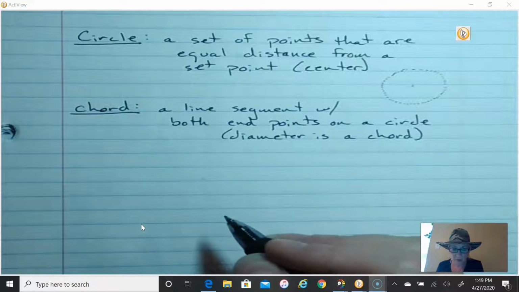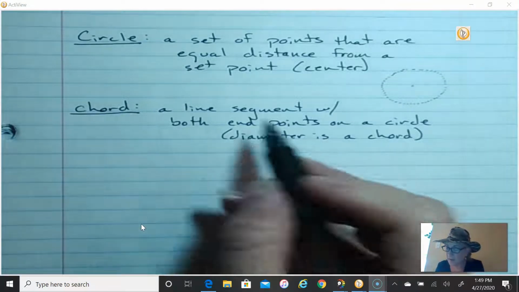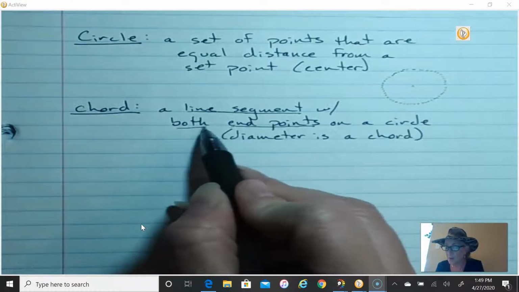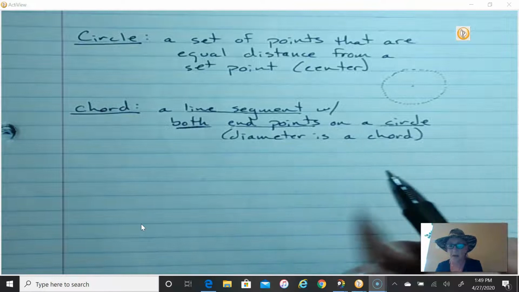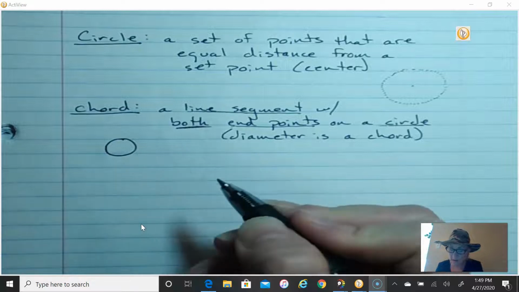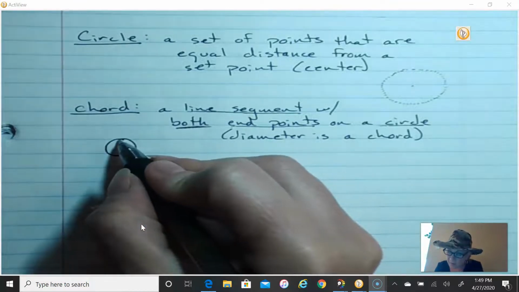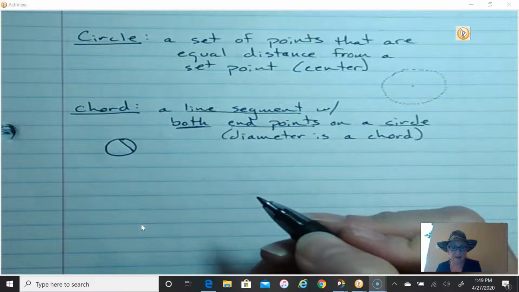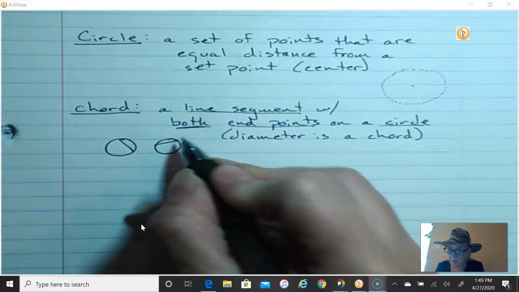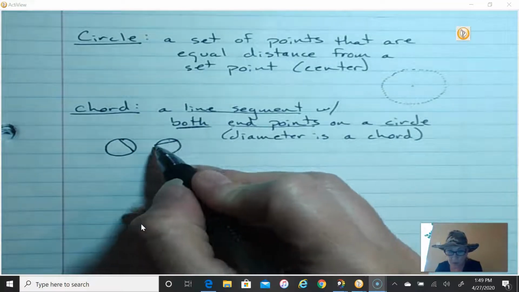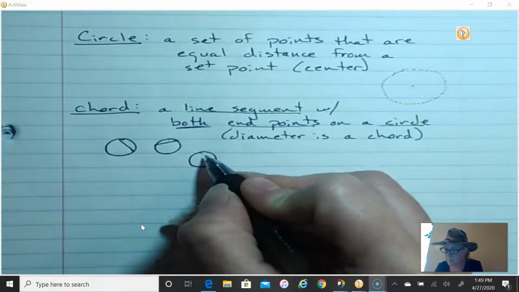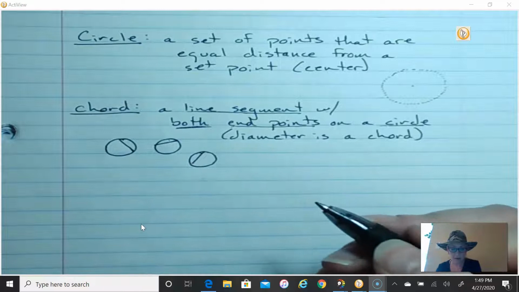So a chord is a line segment with both endpoints, and that's important, with both endpoints on the circle. That's the only rule. For example, that line segment is a chord. Notice the two endpoints are on the circle.